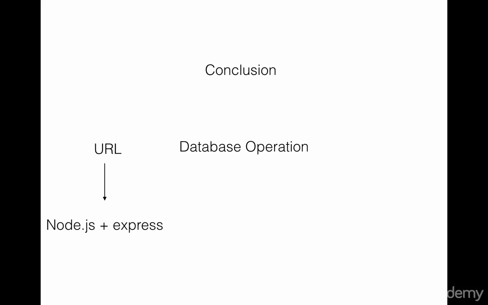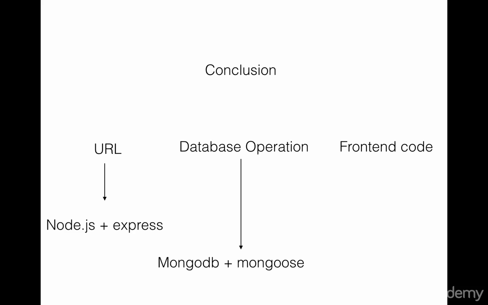So the conclusion for this epic HTTP saga is that at the end of the day, you will only write URLs, which is node.js plus Express, database operations, which is MongoDB plus Mongoose. Mongoose is a library. I will explain it to you guys later on, don't worry. And last is front-end code, which is HTML, CSS, plus jQuery.